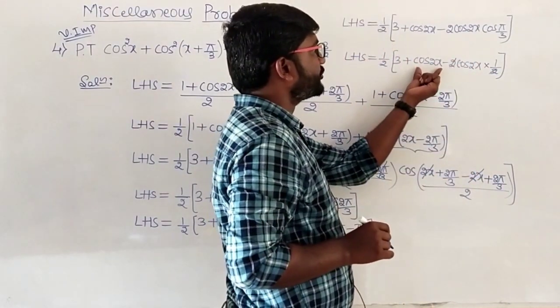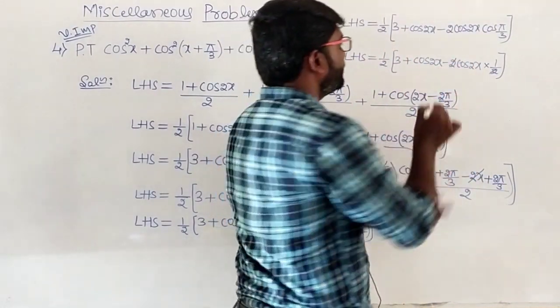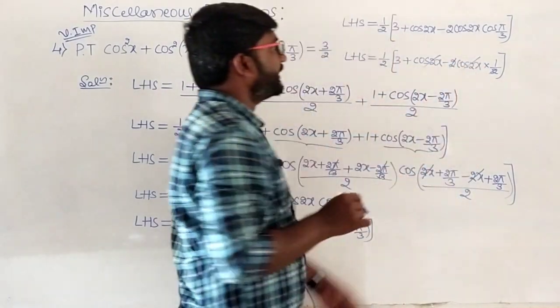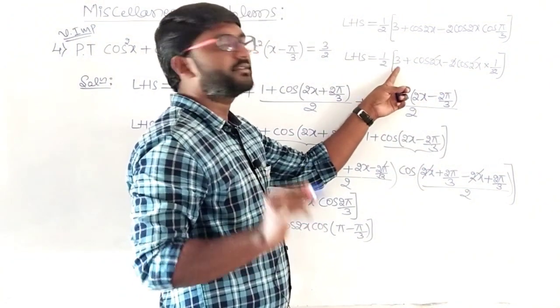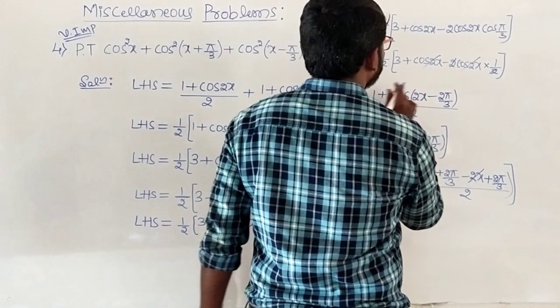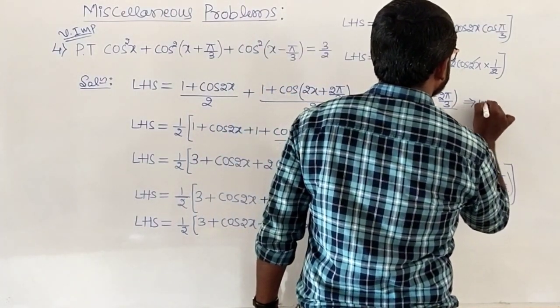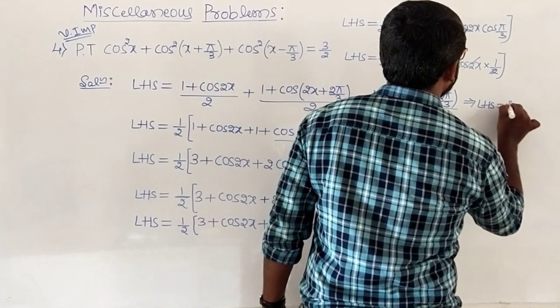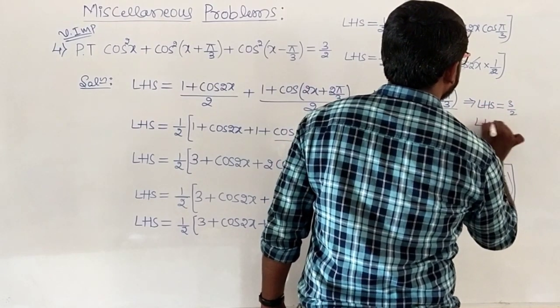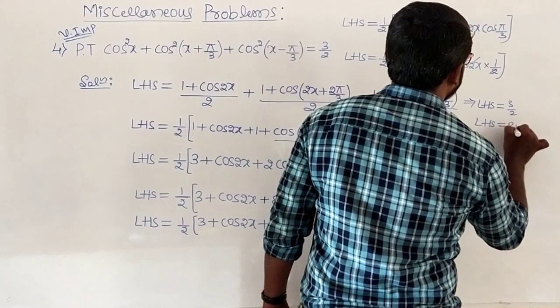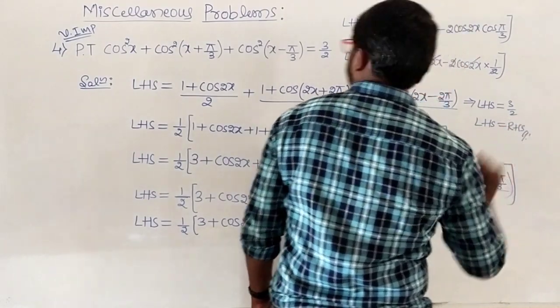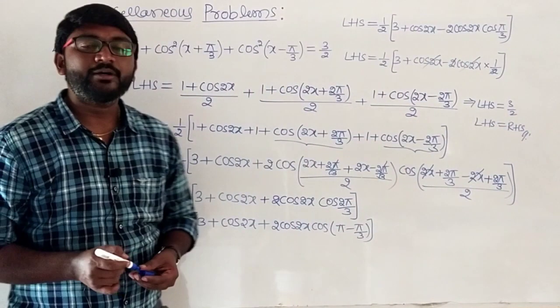Then plus cos 2x and minus cos 2x both get cancelled. So we are left with 1 by 2 into 3, that is nothing but 3 by 2. So I will write here LHS, which is equal to 3 by 2. So this is our required RHS. So mark this as very important from the exam point of view.